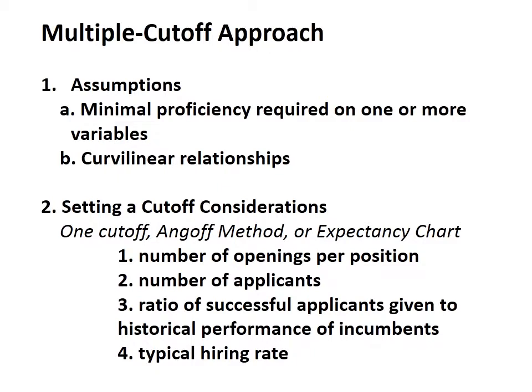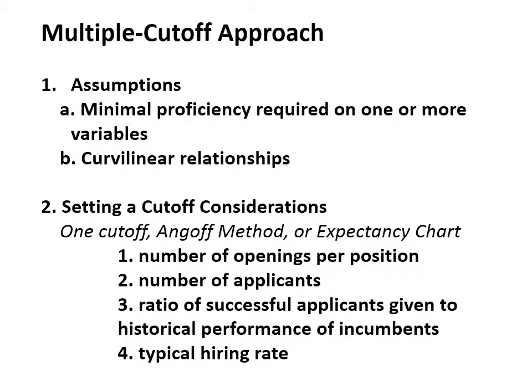So that's an advantage of the multiple cutoff approach: you set these cutoffs through a process of selectors, with the assumption that there's this curvilinear relationship, that at a certain point you shouldn't be doing regressions anymore because it isn't linear. You need a certain amount of skill, and if you have less than that skill, you're going to perform poorly, and if you have more and more of that skill beyond the minimum, it may have a slight relationship with performance, but it is not a strong correlational linear relationship.